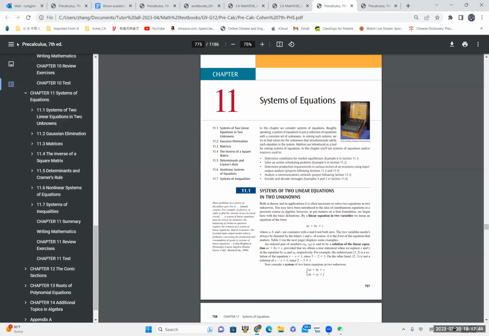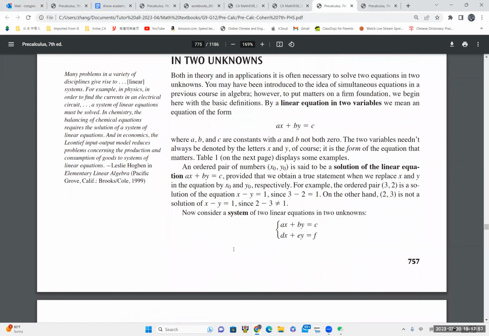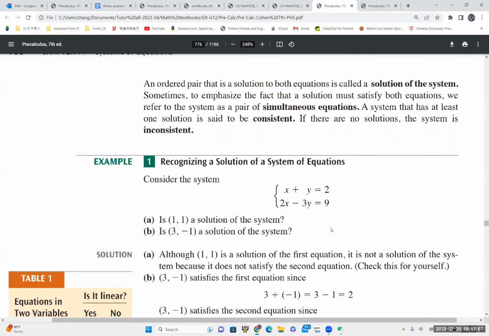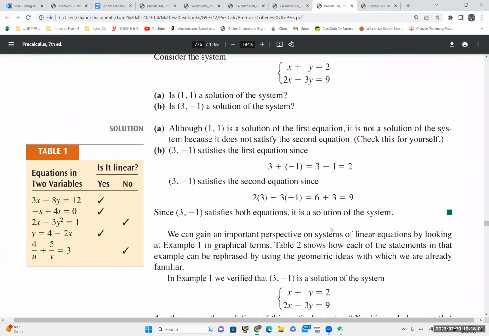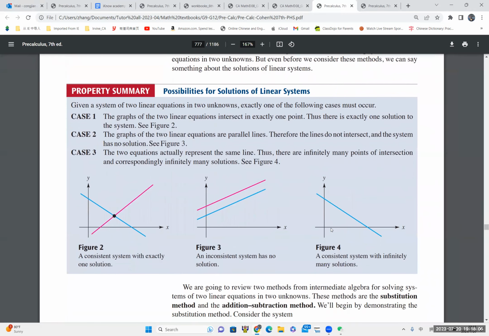Okay, so for this, suppose it's something very basic. Recognize the property. If two equations, two variables, each equation means a line, right? Because a linear equation means a line.